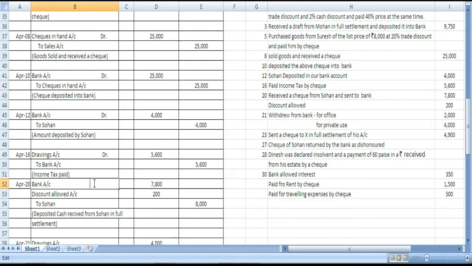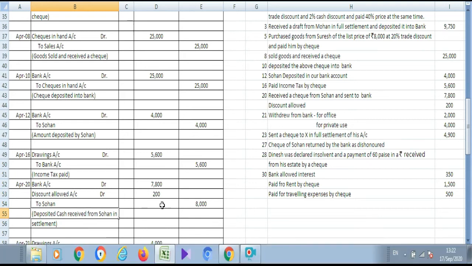So, here we are debiting the bank account and we are debiting the discount allowed account 200, and the balance was 8,000 which Sohan was supposed to give. Okay. Deposited cash received from Sohan in full settlement.